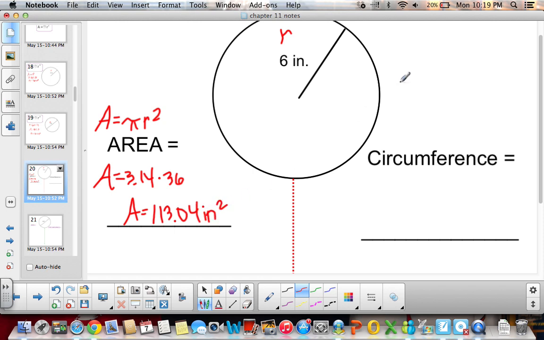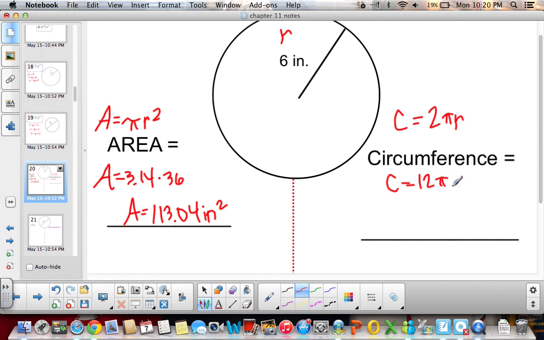Our circumference, C equals 2 times pi times radius. So I know that 2 times my radius, 2 times 6, is 12. So the circumference is 12 pi.